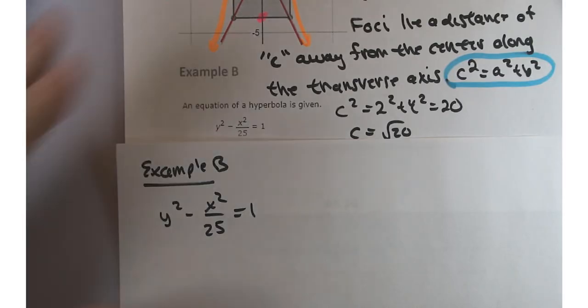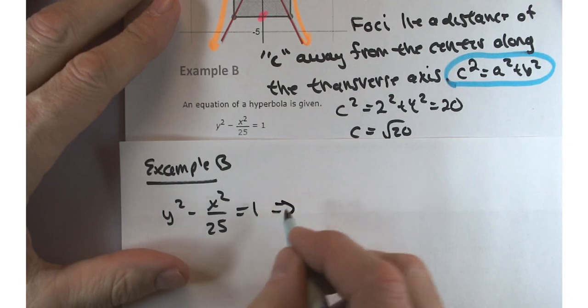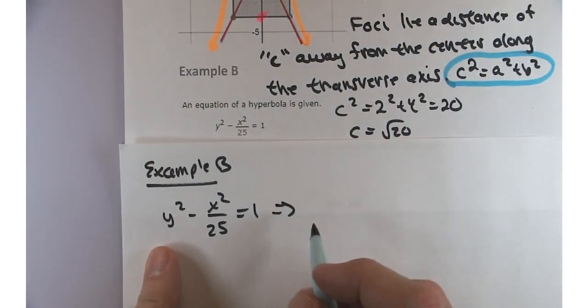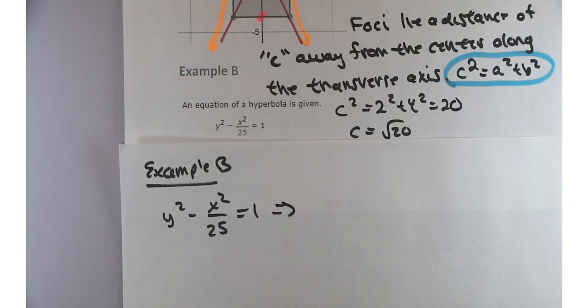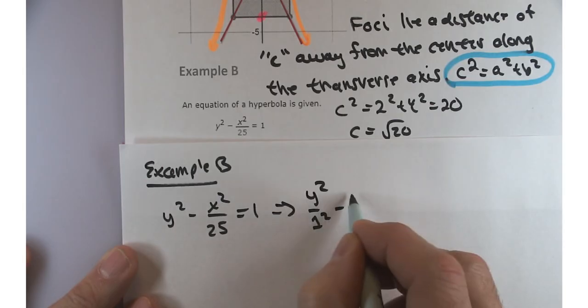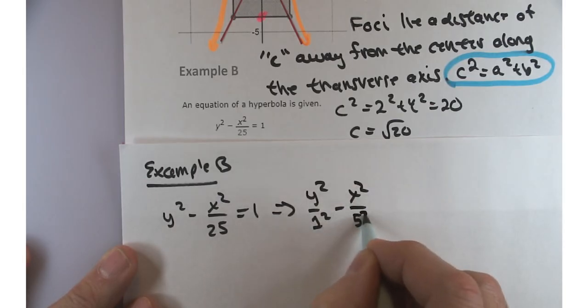All right. Probably want to rewrite this. So, Pfeiffer, suggestions. Any way you think we could rewrite this? Y squared over 1 squared. Yeah. We'll think of this as being y squared over 1 squared minus x squared over 5 squared. Thank you so much.